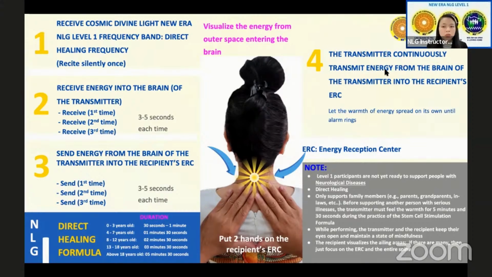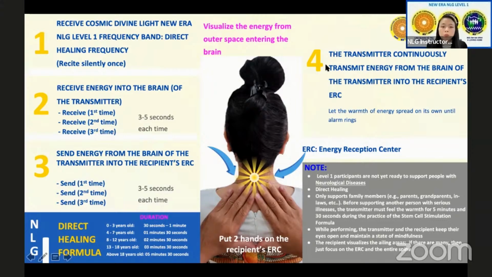So you continue to send the energy from your brain into the recipient's ERC. Basically it's very similar to step 3, but in step 4 that's what you will be continuously doing all the way until the alarm rings. And of course, let the warmth of energy spread on its own until the alarm rings.